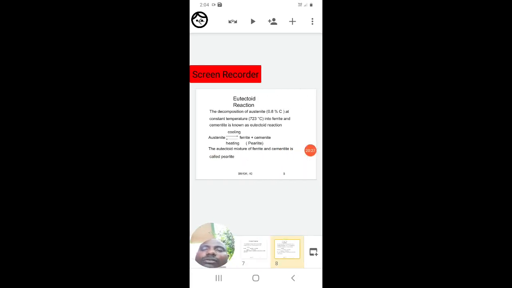So the next isothermal reaction is called the eutectoid reaction. The decomposition of austenite occurs at 0.8% carbon at a constant temperature of 723 degrees centigrade into ferrite and cementite, which is known as the eutectoid reaction. Here one type of solid gives two types of solids.